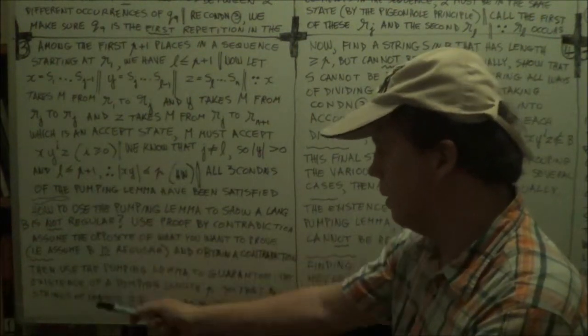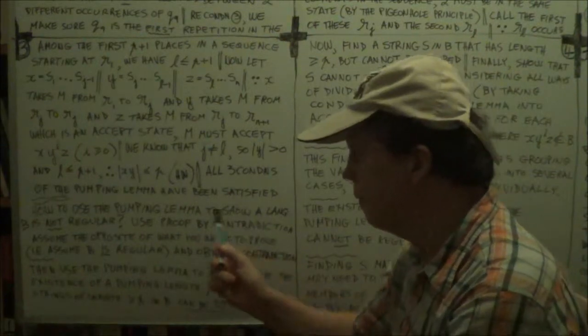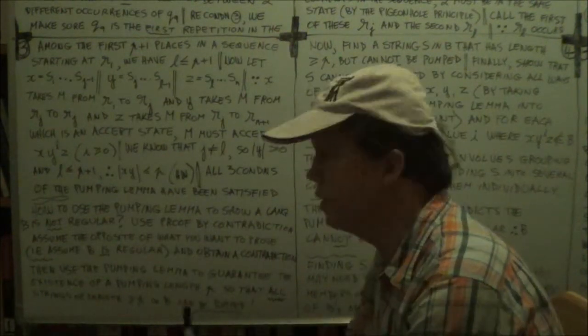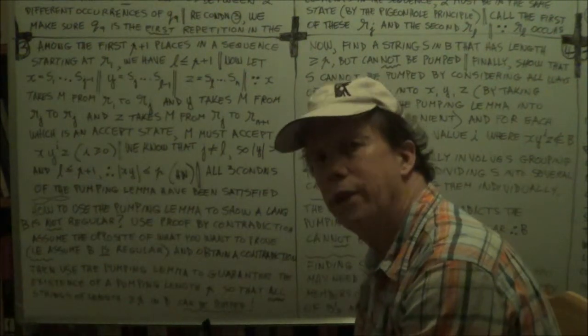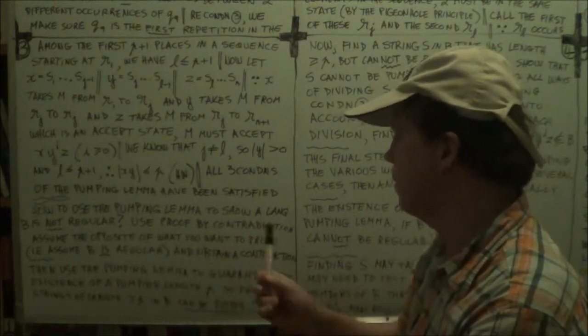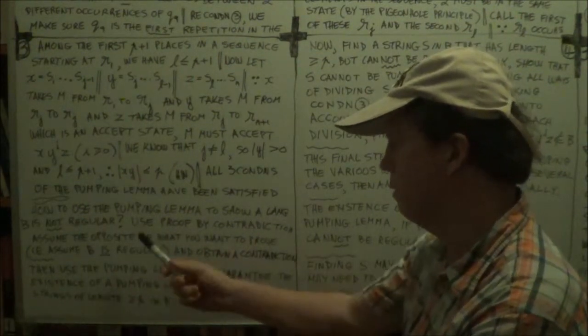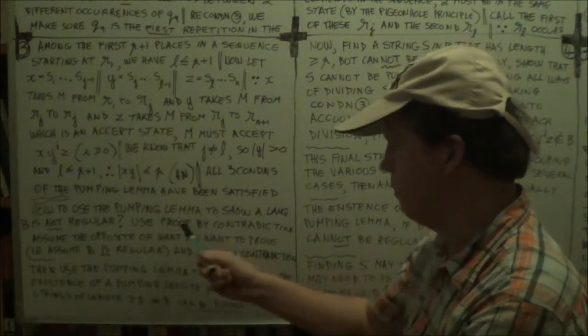Now the question is, how do you use the pumping lemma to show that a language B is not regular? I talked quite a bit about that in the first session, so I won't go into too much detail, just a quick refresher.